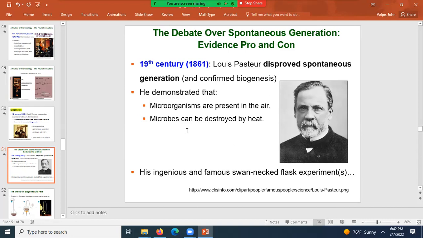He also showed that microbes can be destroyed by heat. And so if you heat the tube and seal it, then the microbes would not grow in the tube. And then he disproved the theory of spontaneous generation by his famous swan neck flask experiments.